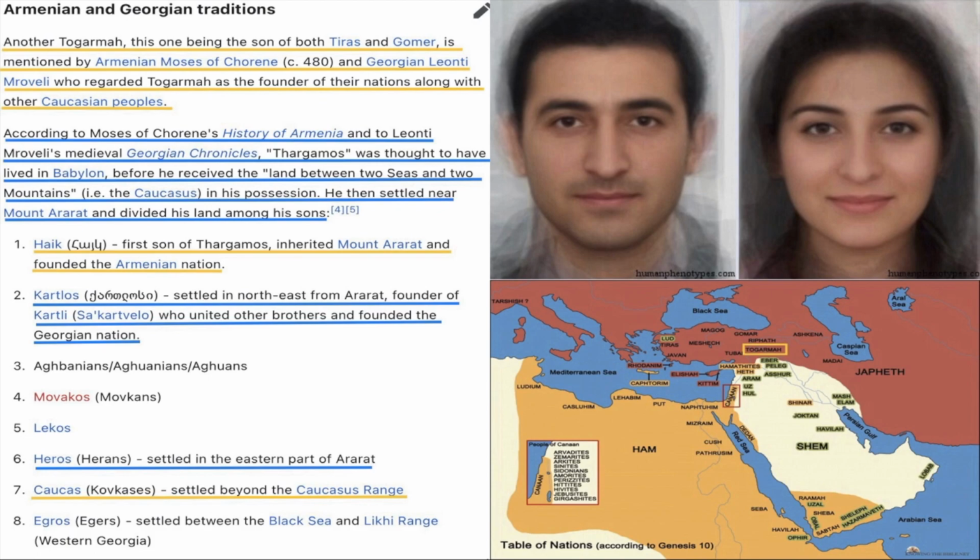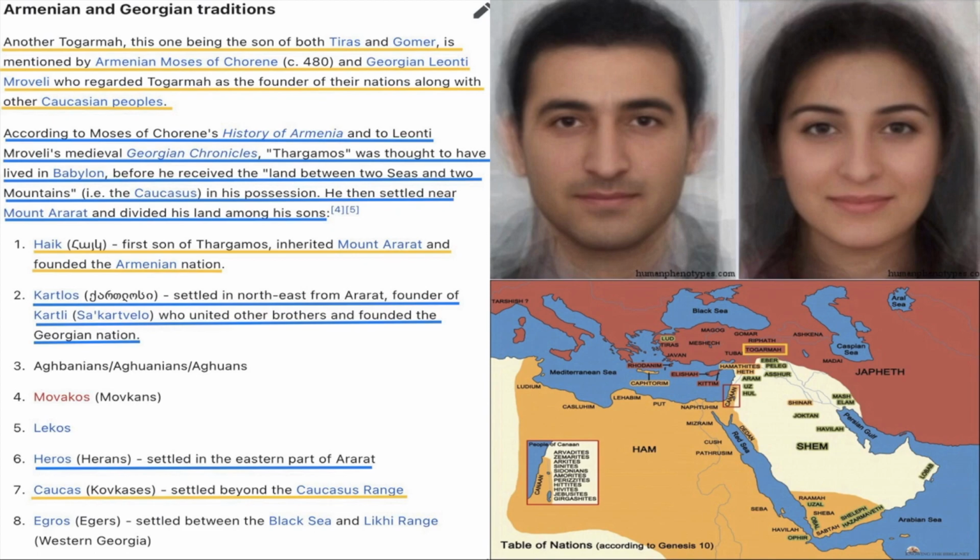According to Moses of Khoren's History of Armenia and to Leonti Mroveli's medieval Georgian chronicles, Togarmos was thought to have lived in Babylon before he received the land between the two seas and two mountains, i.e. the Caucasus, in his possession. He then settled near Mount Ararat and divided his land among his sons. Hayk, the first son of Togarmos, inherited Mount Ararat and founded the Armenian nation.